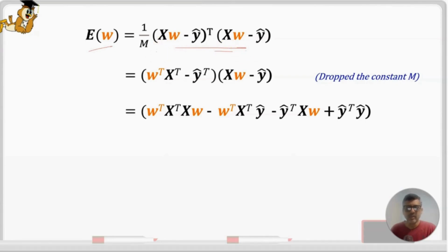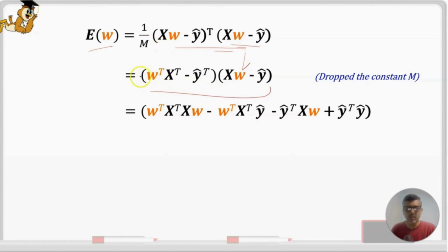The first thing that we are going to do is simplify this by multiplying it out. And here I take the transpose. So (xw) transpose becomes w transpose x transpose minus y hat transpose, and this gets multiplied by the same thing right here, right? So this is the mean square error, simplified.